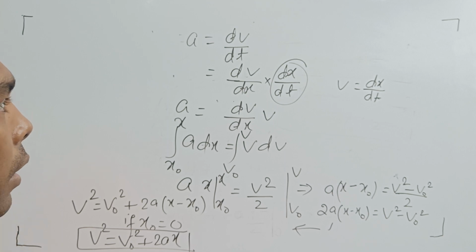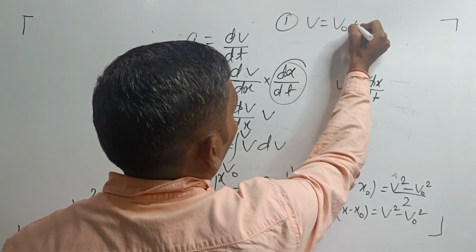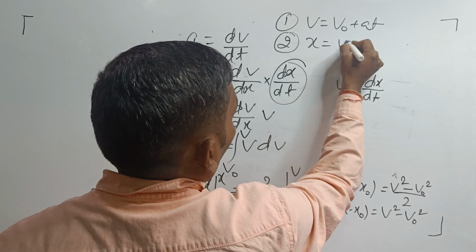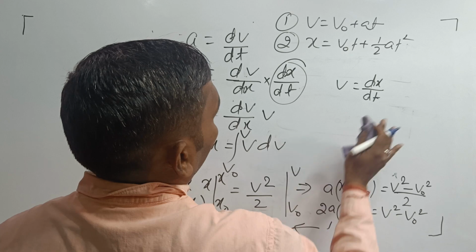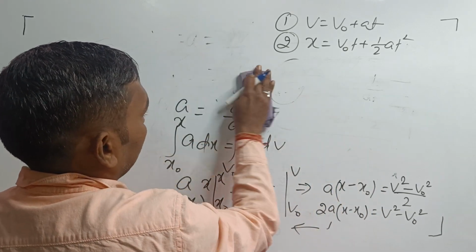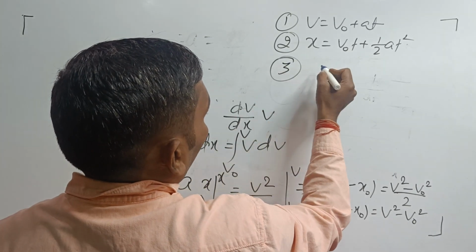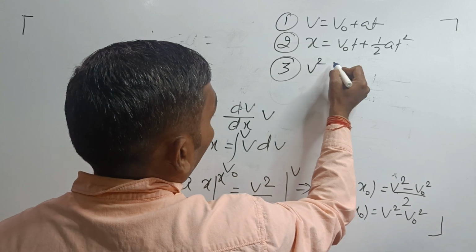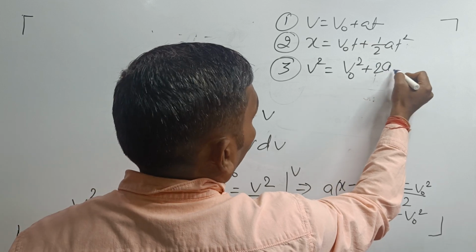Again, I am going to finalize here. First equation is v equal to v naught plus at. Second equation is x is equal to v naught t plus half a t square. And third equation is v square equal to v naught square plus 2ax.